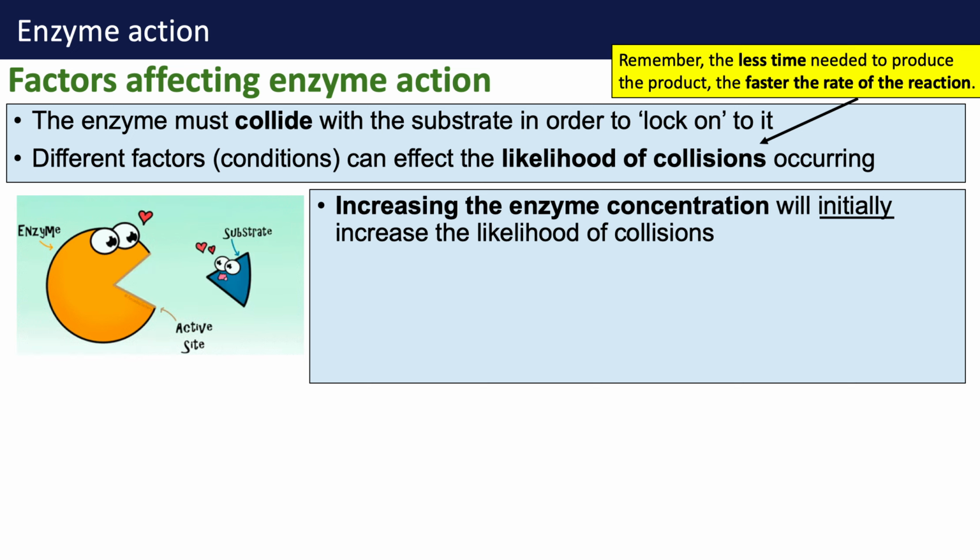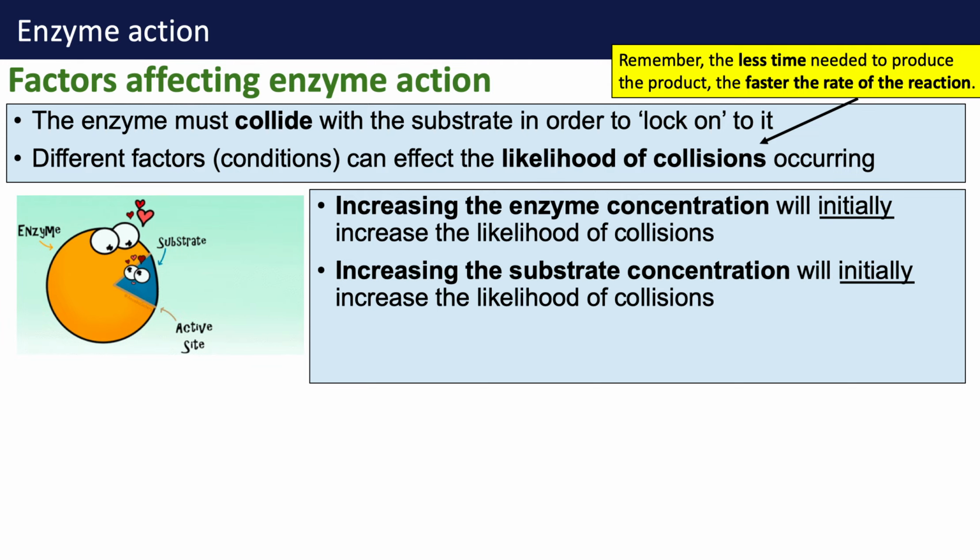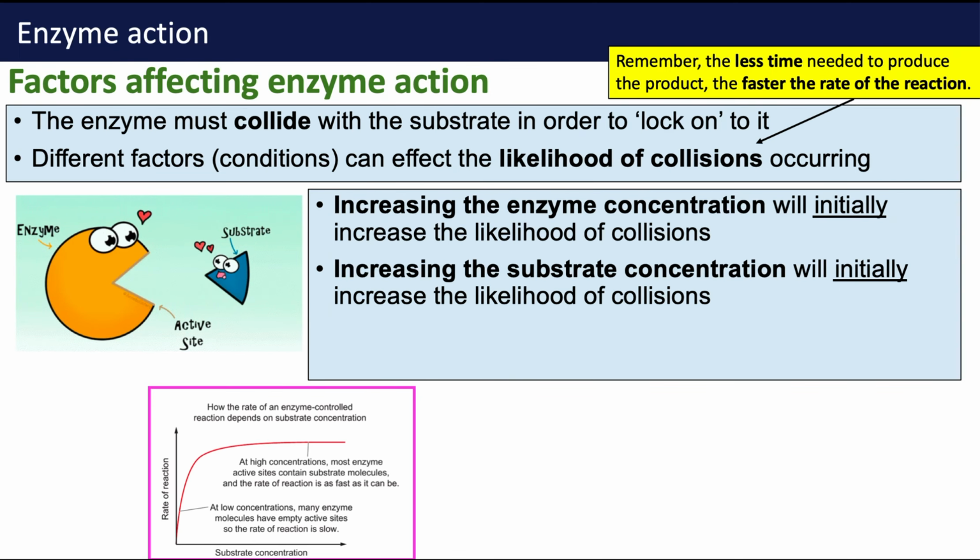Enzyme concentration, if you increase that, will initially increase the likelihood of collisions because you've got more enzyme molecules. Increasing the substrate concentration, well, again, if you have a higher concentration of substrate, you've got more substrate molecules, again, more likely to collide. We've got a little graph here to go alongside the example of increasing substrate concentration.